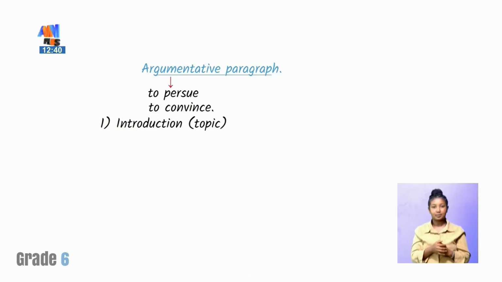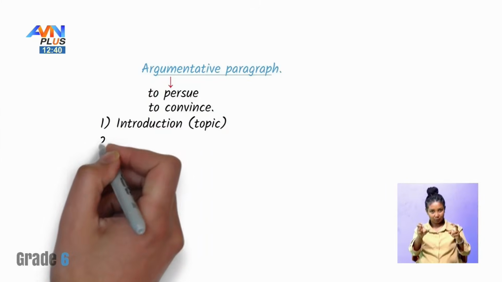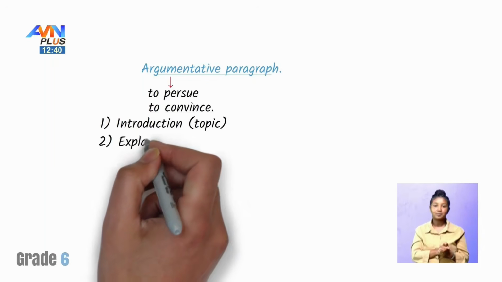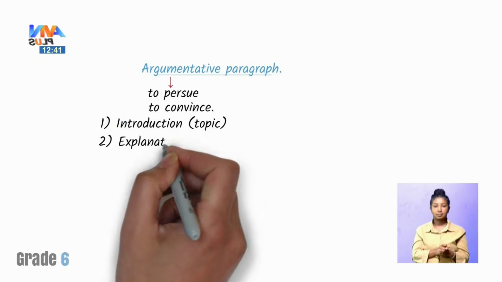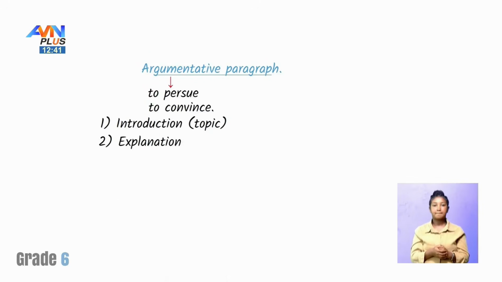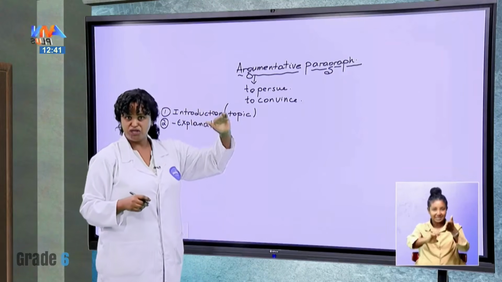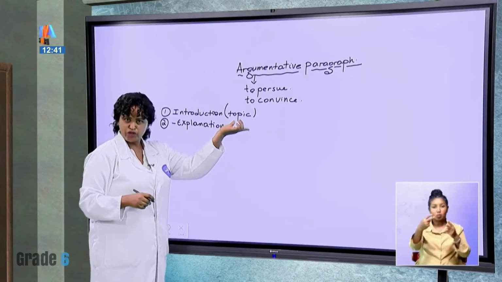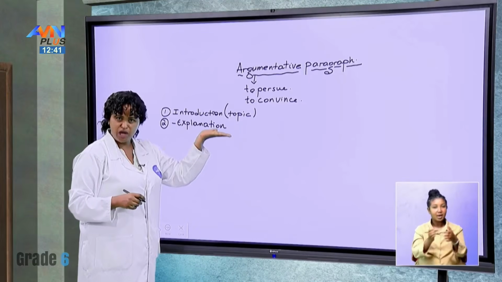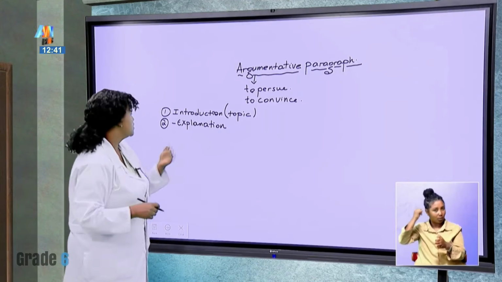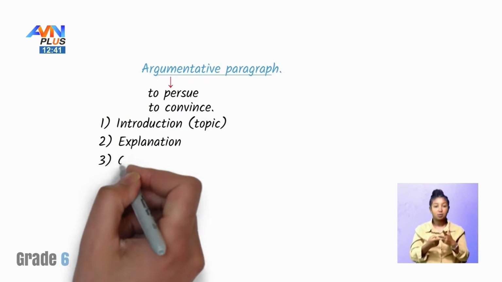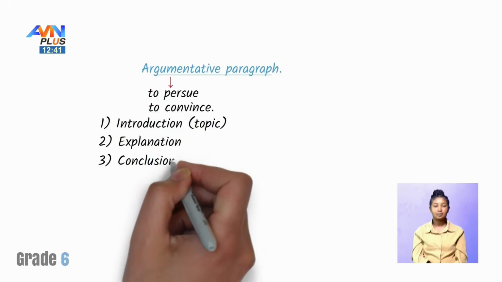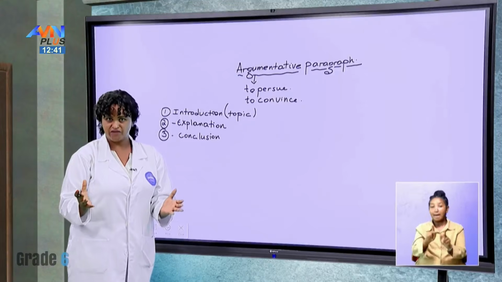Within the topic, you will give explanation. If it is an essay, we might say body paragraphs, but we are talking about a single paragraph. So in your single paragraph, you will have a topic and then explanation, which comes with opinions that we are going to build out. And the third one, conclusion. These are the common parts of a paragraph that we have seen so far.